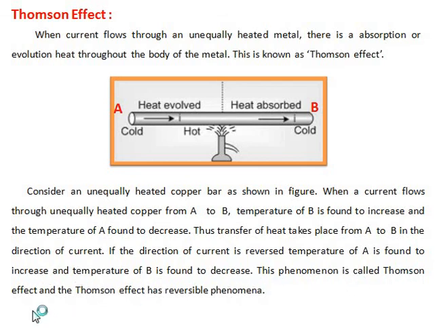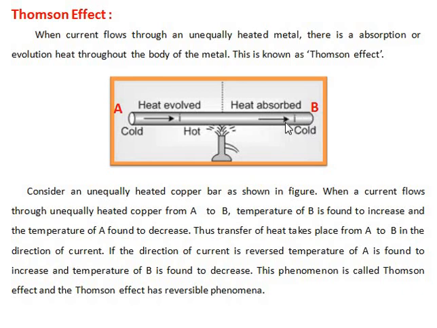This phenomenon is known as the Thomson effect, and the Thomson effect is a reversible phenomenon. In the sense, dear students, now the current is flowing from A to B and the heat is also flowing in the direction from A to B. When the current direction is reversed, in the sense if we flow the current from the B end to the A end, then it is found that the temperature of the A end is increased and the temperature of the B end is decreased.